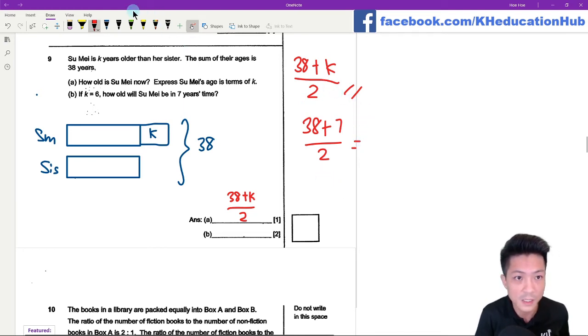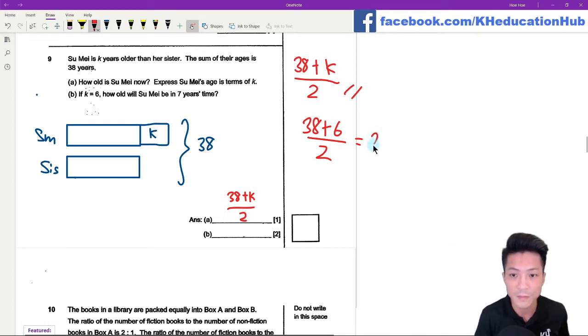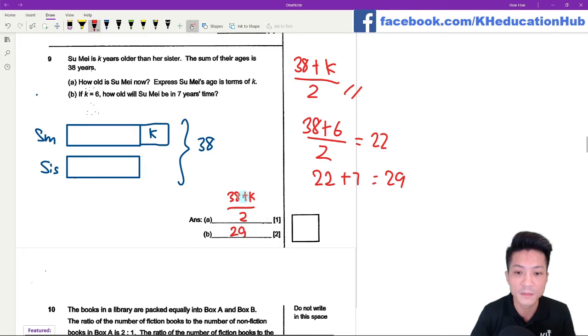Sorry, that is a 6, not a 7. This is going to be equal to 22, which means that Sumei is 22 years old now. In 7 years' time, it will be 22 plus 7, that's 29 years. Okay, so the answer for part B is 29.